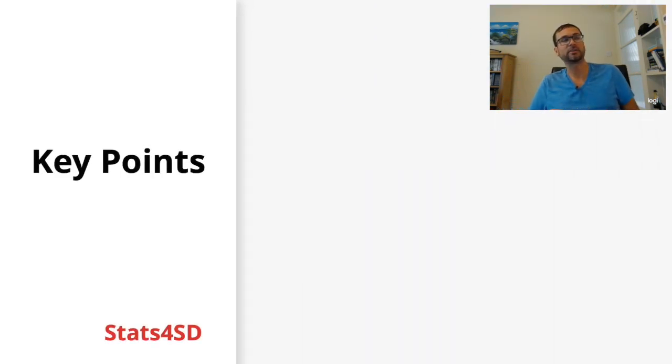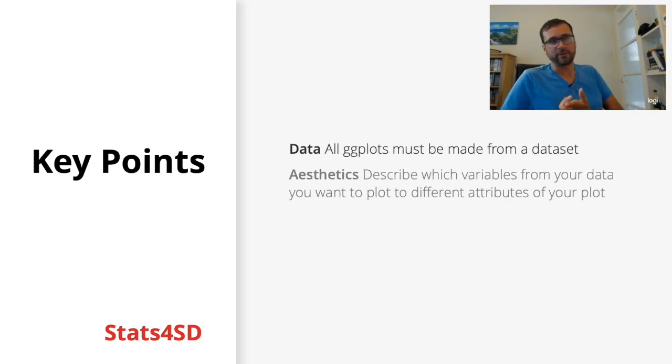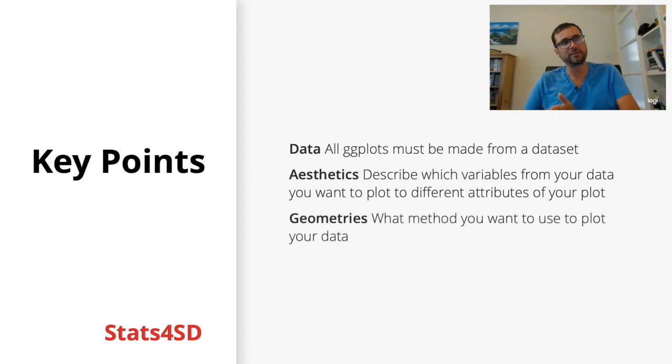So just to sum up those 3 key points from this session, if you've got data and you're mapping your aesthetics and you've got your geometries, with just these 3 components, if you start to see how it all fits together, you can suddenly build a full range of all different kinds of plots by setting from your data different variables and different types of plotting.